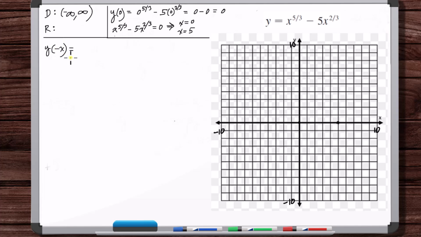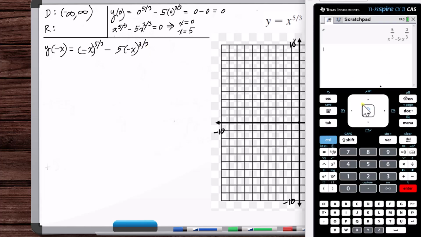So is this an even function? y of minus x is what? Well, let me see if this will work. With x equal to minus x, will that work?